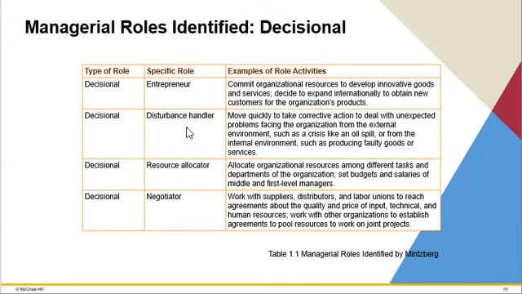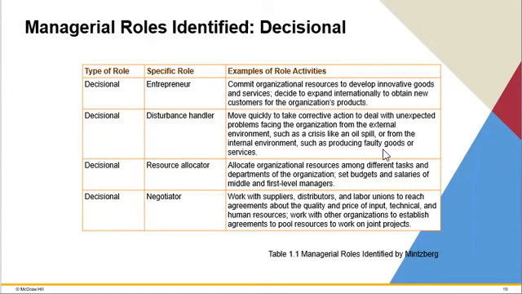Then kita ada disturbance handler. Okay, disturbance handler kadang-kadang in company akan ada masalah. So what they need to do, for example, they need to move quickly to take corrective action to deal with the unexpected problems facing the organization from the external environment, such as crisis, oil spill kalau involved in oil, COVID-19, all those SOPs, for example, from the internal environment, such as producing faulty goods and services.